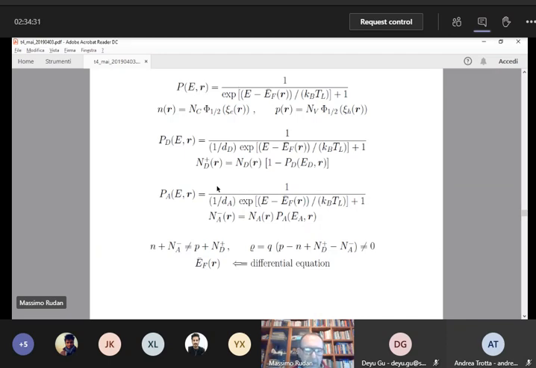Now, the issue is, when we consider the case of constant dopant, at the end, we found the position of the Fermi level by imposing the balance condition, okay? The question is, can we impose the balance condition also in this case?